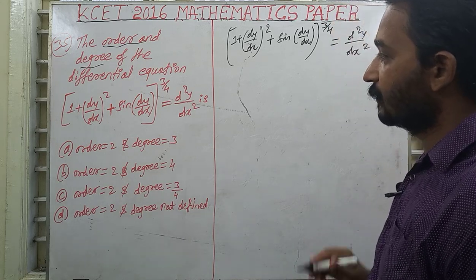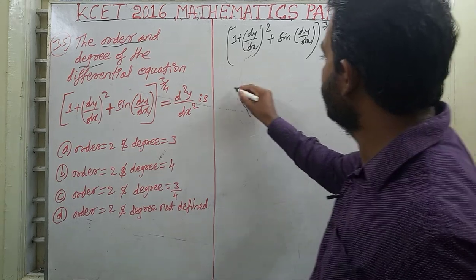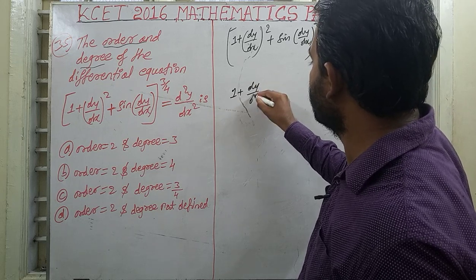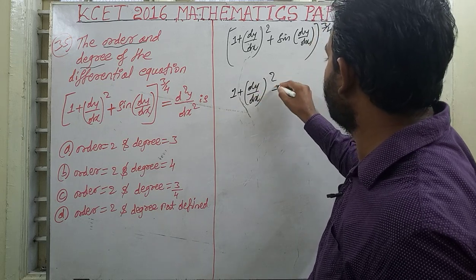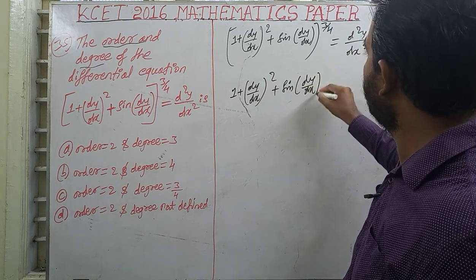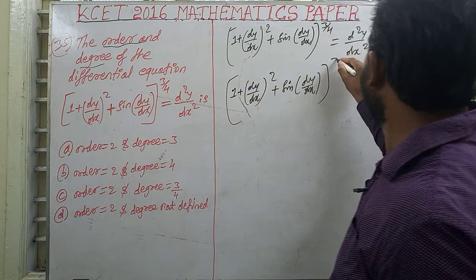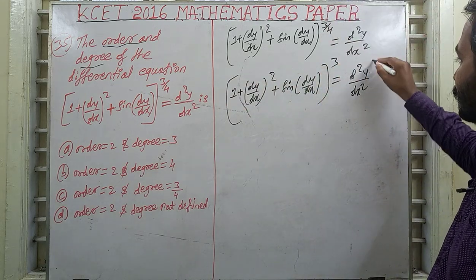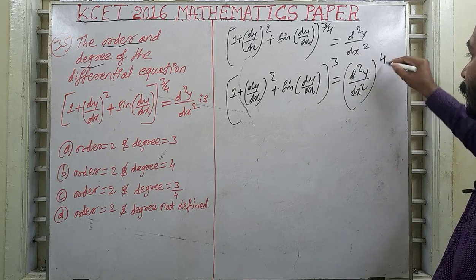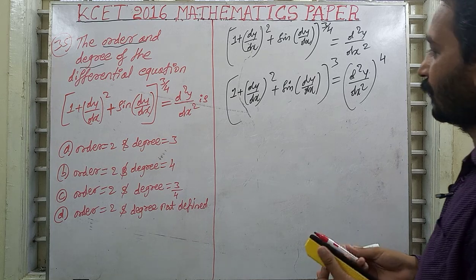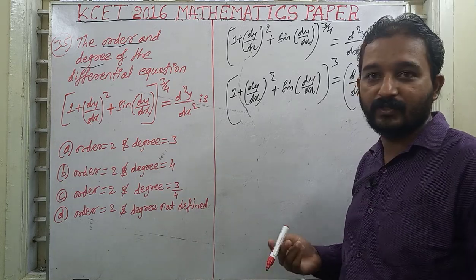Now raise the power of 4 on both sides. We get the equation: 1 plus dy by dx whole square plus sine of dy by dx, to the power of 3, equal to d square y divided by dx square whole to the power of 4. So this is a differential equation, but it is not a polynomial differential equation.